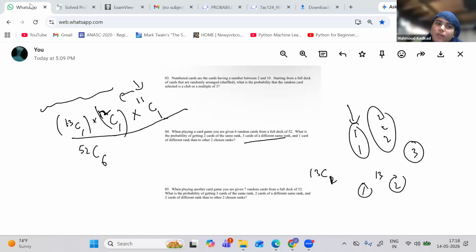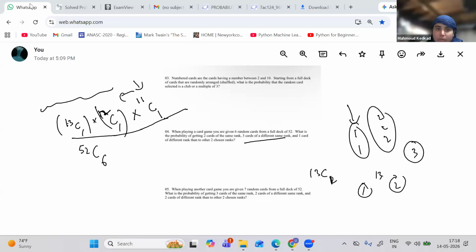Let me show you on paper. So this is just the first one. And since you're picking from a different rank, you're not picking from this 13 again. So you just do 13C1 again.